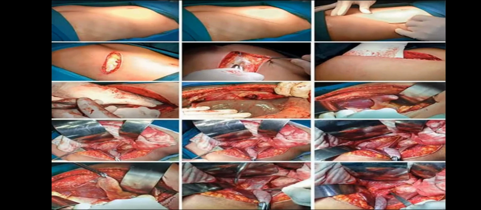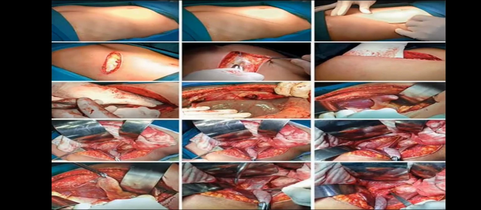Here in this picture, I will explain. Koch's incision is made. First cleaning and draping is done, then the Koch's incision is put, and through the layers the cut is made till the rectus muscle.